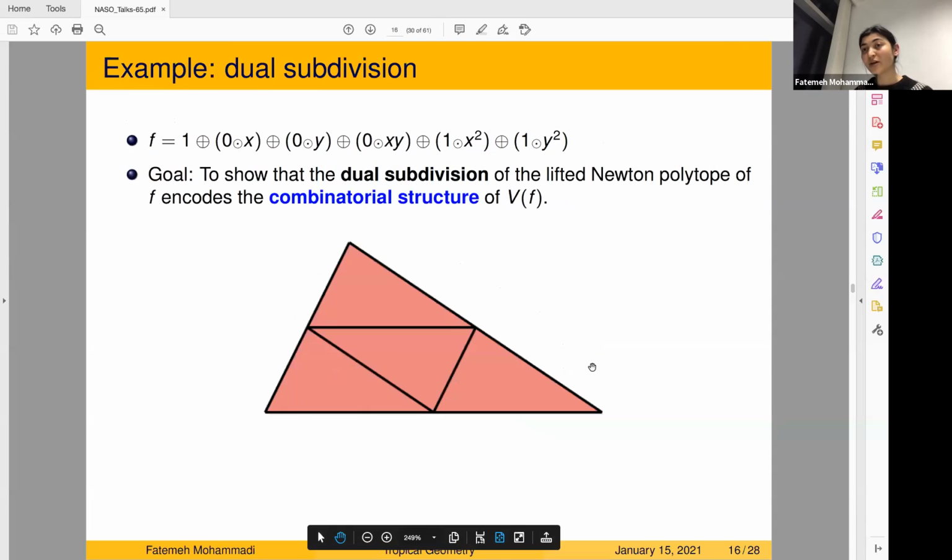Which would be this picture. And the idea is that this is called the dual picture of the curve and the tropical curve that I had before. And the idea is to relate the combinatorics of this subdivided polytope to the algebraic properties of the tropical curve that I've seen before.